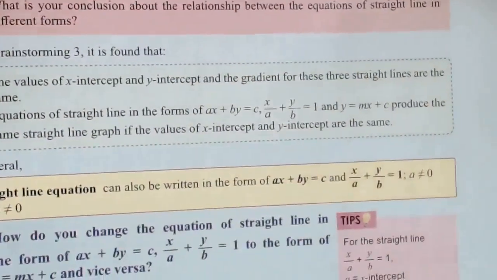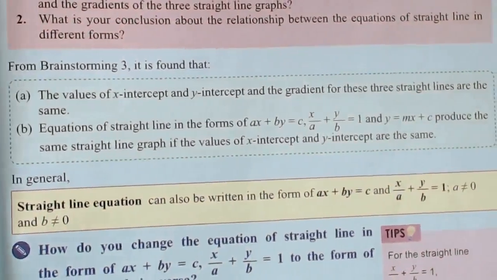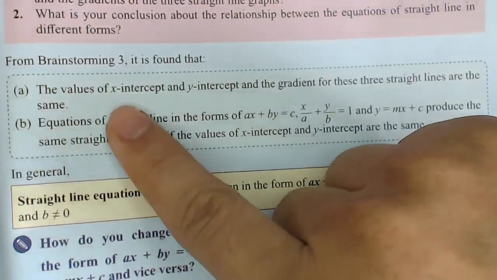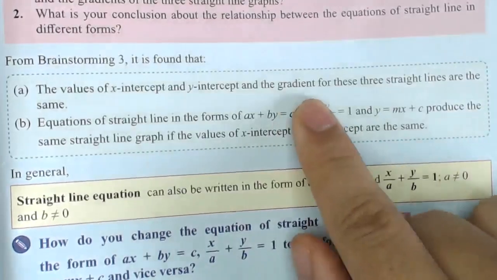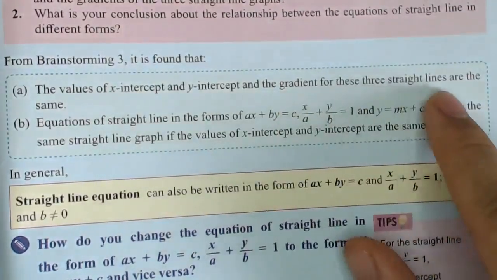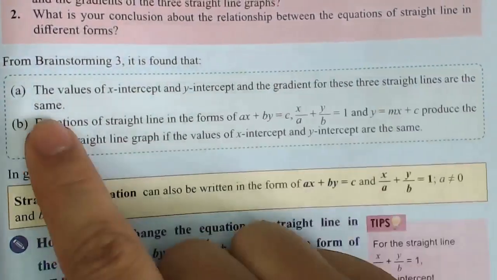Moving along. The values of x-intercept and y-intercept and the gradient for these three straight lines are the same.